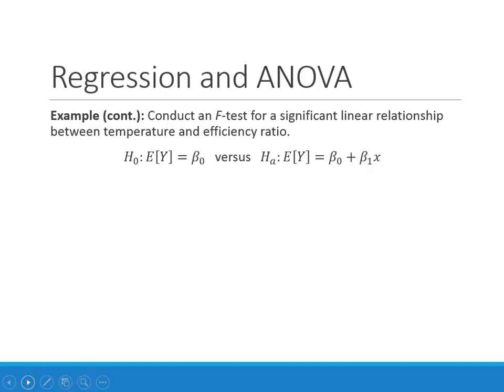If you flip back to the JMP output, so if you go back to the previous page of your notes, the F statistic from JMP is 18.1019.